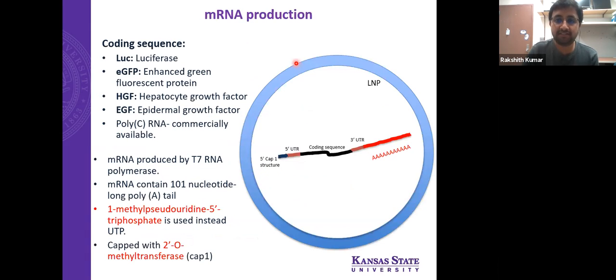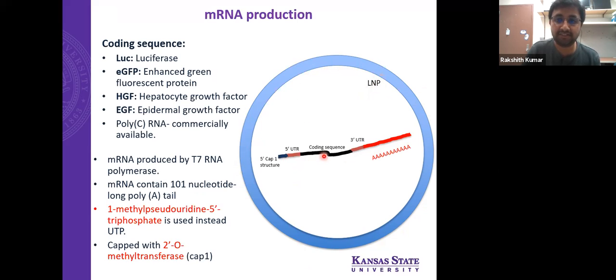For mRNA production in this article, they have the coding sequence, 5' and 3' UTR, and a 5' cap 1 structure. Cap 1 structure chemically means a 2'-O-methyl transferase cap 1. It also has a poly A tail, and it is encapsulated in a lipid nanoparticle.